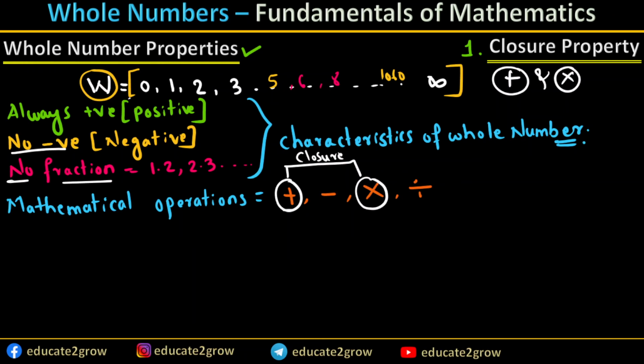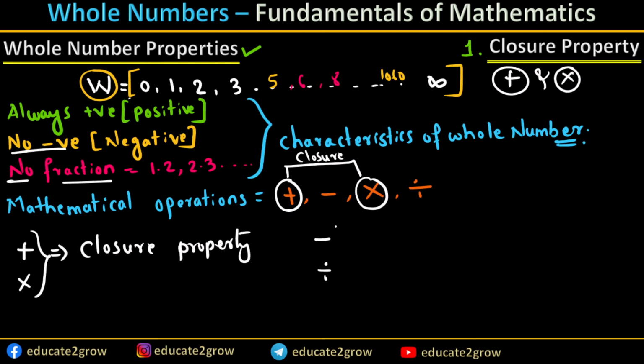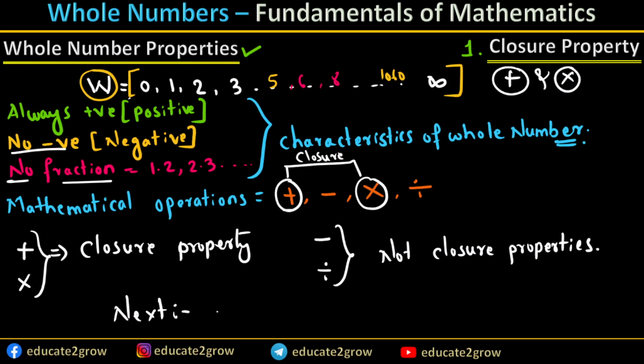Now let us summarize what we studied. Addition is closure property, multiplication as well. Subtraction and division are not closure properties. Okay, next we will study the second property, that is commutative on whole numbers.